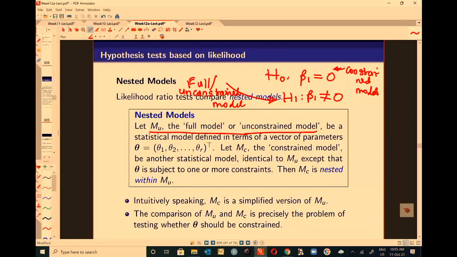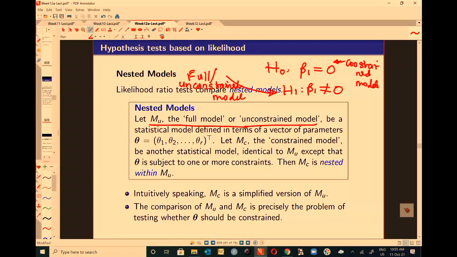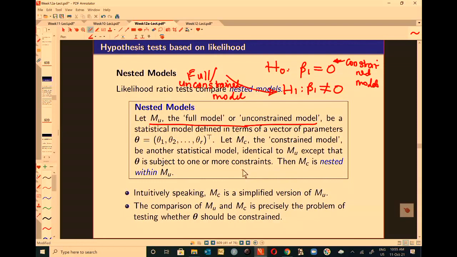So if I've got that particular situation, I can still use the likelihood ratio test. It's nested, you see. So I've got, if you like, my model H naught nested within H1. H1 says this is my full model. So my H1 will be essentially saying that my model is y equals, very simply, let's say beta naught plus beta 1 x.